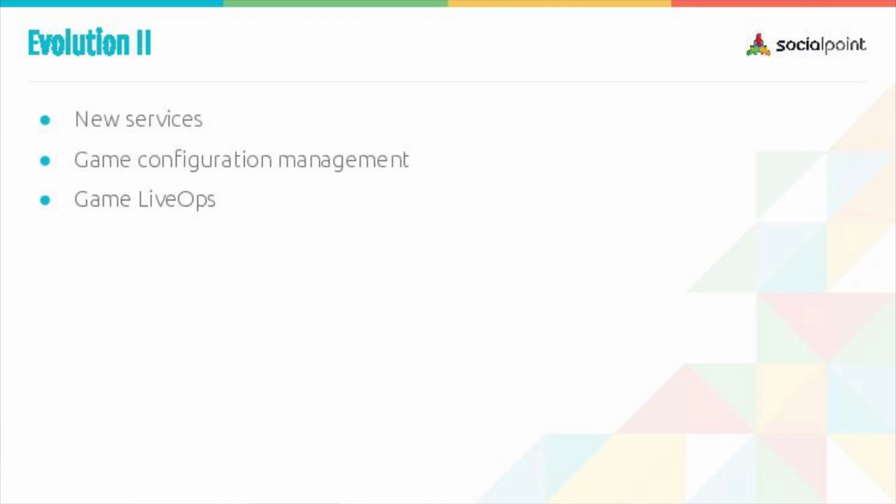But things continue to evolve. So now there is not just one Golang service. There are more than one. We need a game configuration management because game designers and level designers need some way to tune up the game configuration. Also, we need live ops. We need to schedule features, to enable and disable them at some time. We need to do A/B tests, a lot of things.